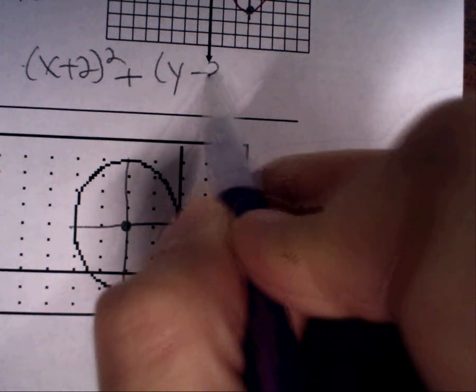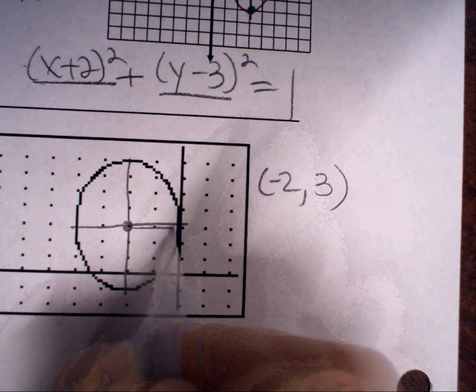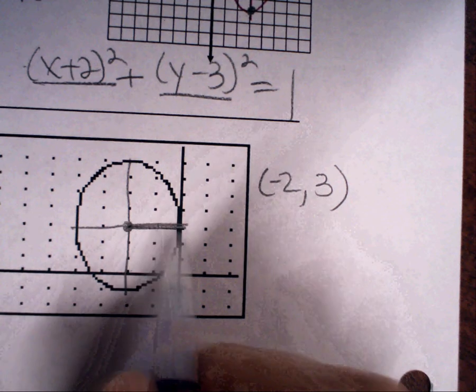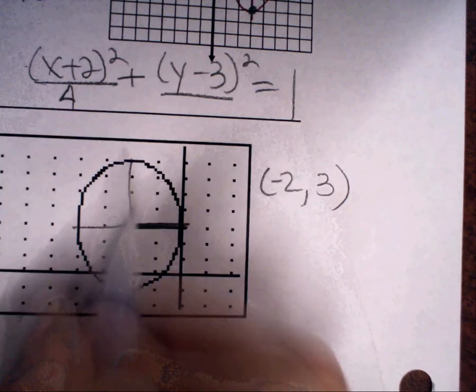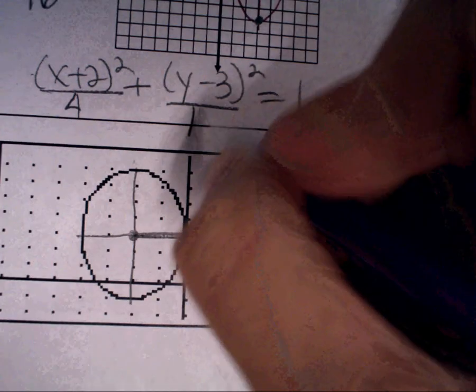So (x + 2) squared plus (y - 3) squared equals 1. Okay, so again, x is this horizontal. So 1, 2, that's 4. And then y is this vertical. 1, 2, 3, 4. Happens to be the same two numbers again, so that's 16.